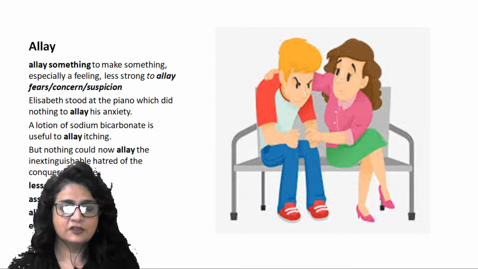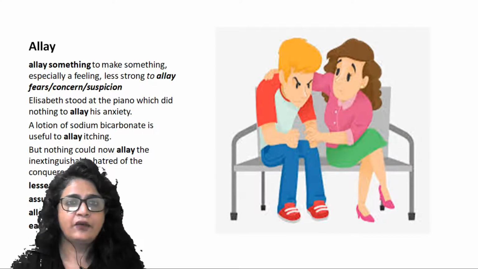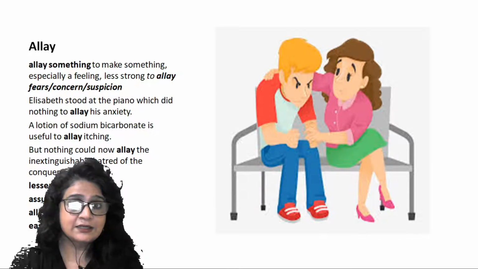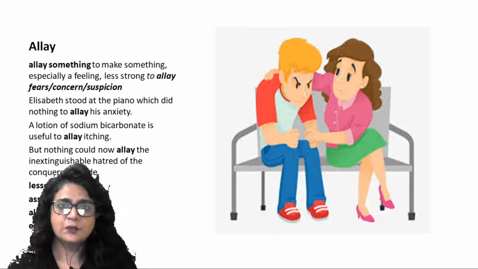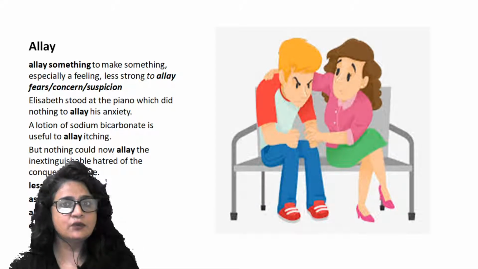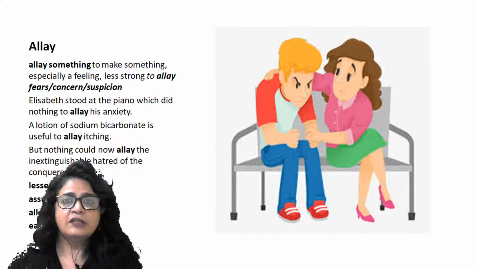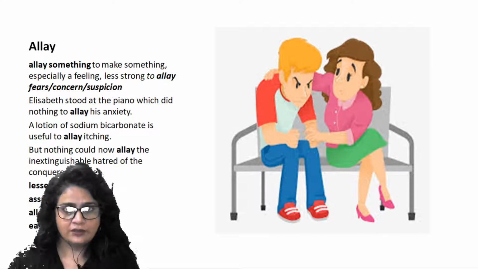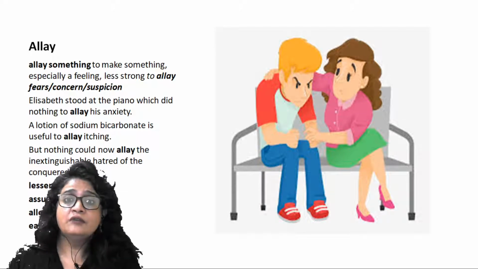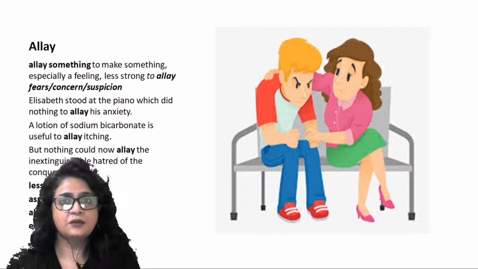Ease is such a common word used for allay, right? So you have allay, lessen, assuage. I told you the context in which assuage is used. You quench your thirst, you assuage your hunger. All right, this is how these two words are used. So you feel extremely thirsty, you drink something potable to quench your thirst. All right, whereas when you feel hungry, you eat something to assuage your hunger.